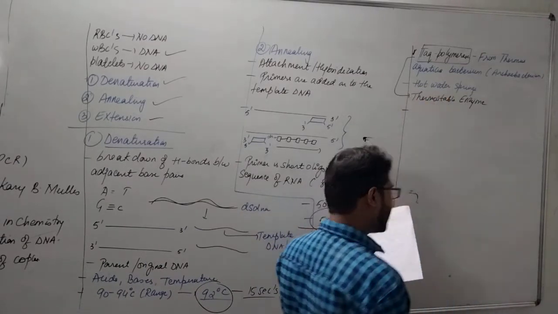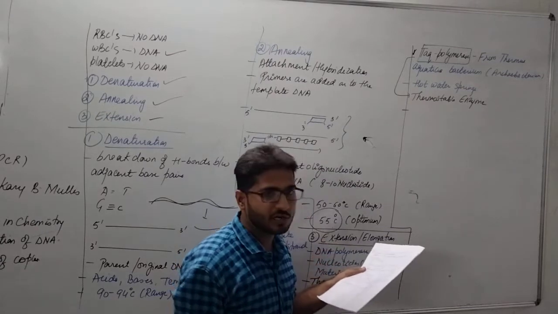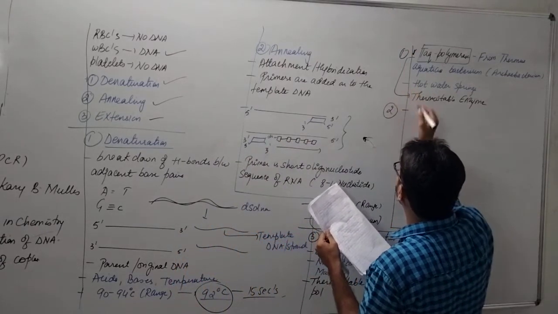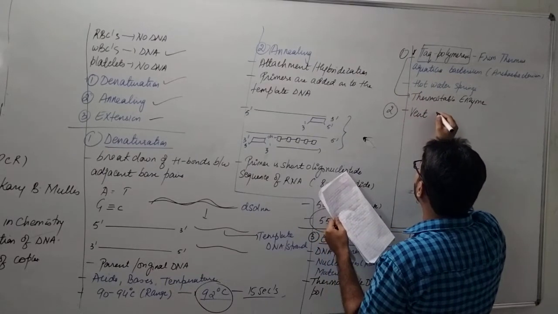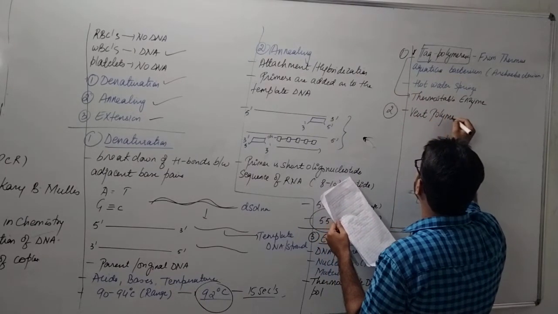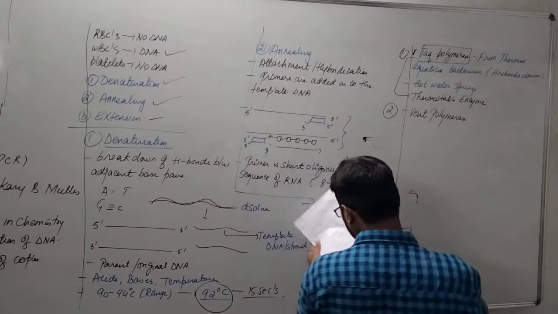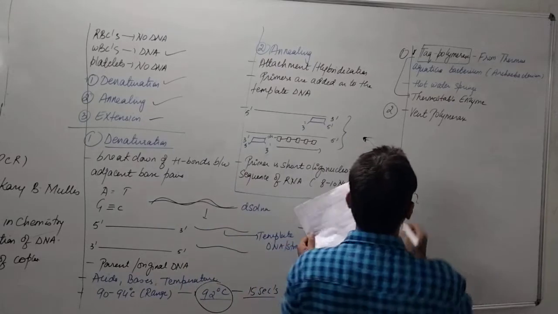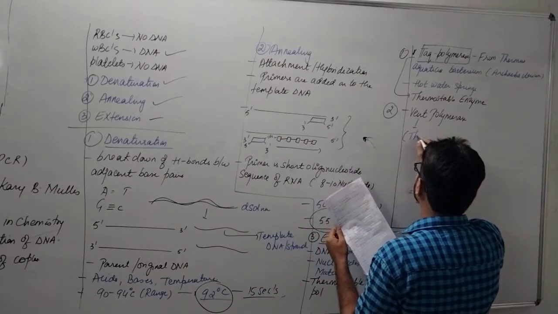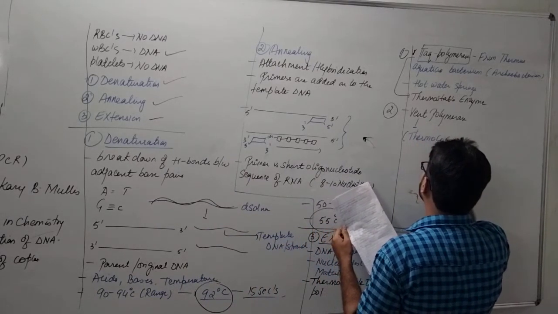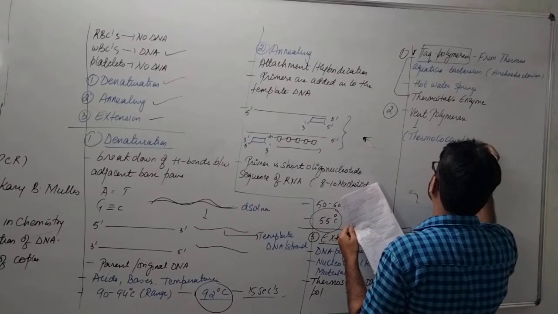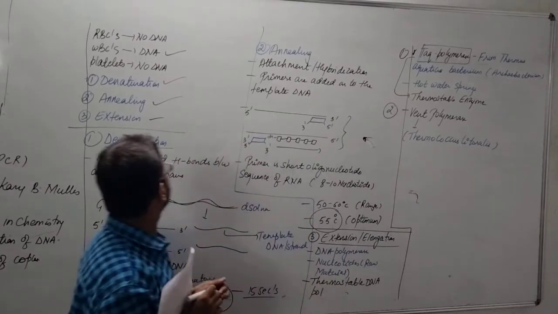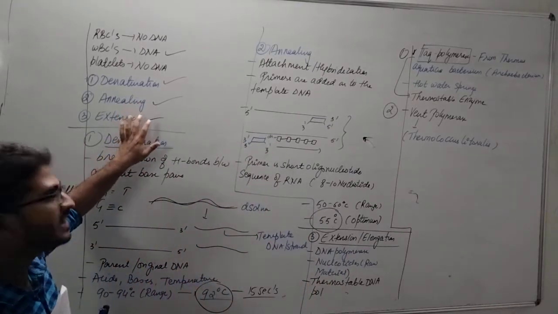One more example that I can discuss with you is Vent polymerase. This is the Taq polymerase generally used in PCR. Other enzyme, that is Vent polymerase. This Vent polymerase is isolated from Thermococcus litoralis, name of the bacterium. It is isolated from Thermococcus litoralis, right?